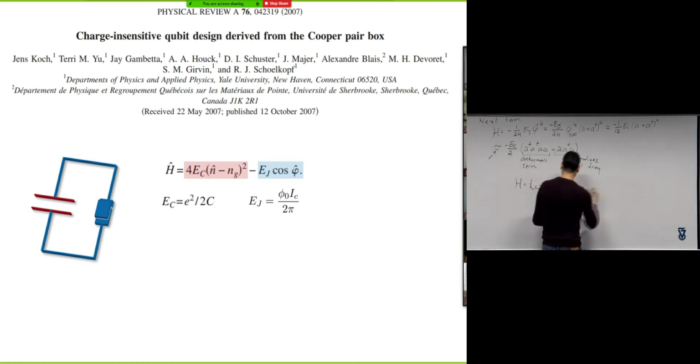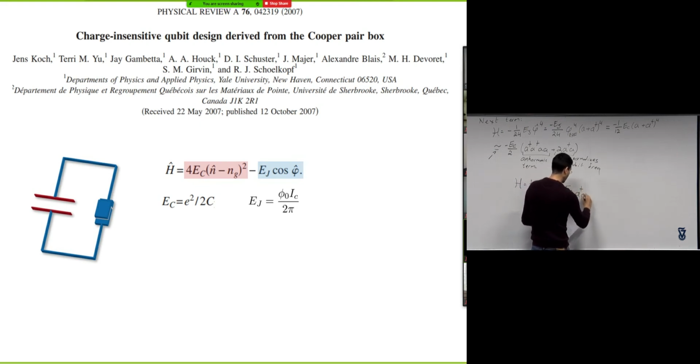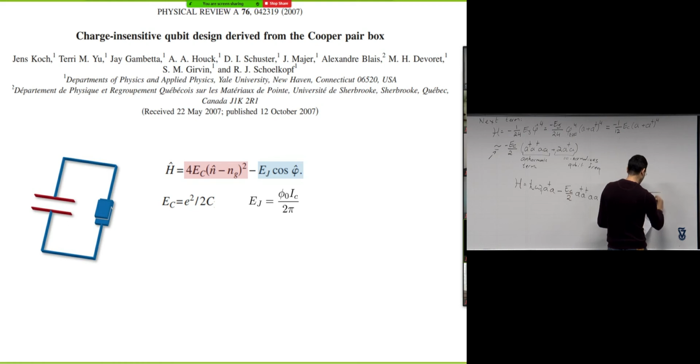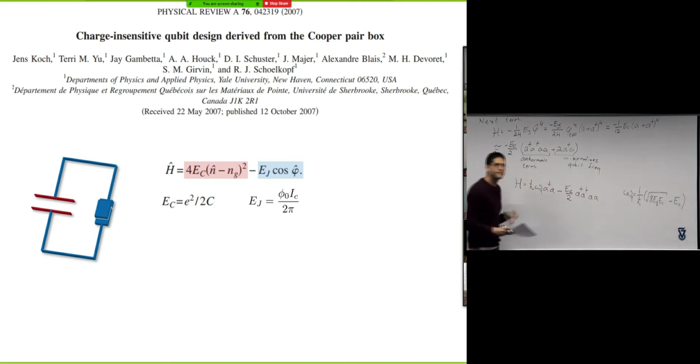Let me write the whole thing, and then minus EC over 2 A dagger A dagger A A, where omega now, let's call it omega q, is 1 over h bar square root of 8 EJ EC minus EC. The factor 2 goes here because you have the A daggers over here.